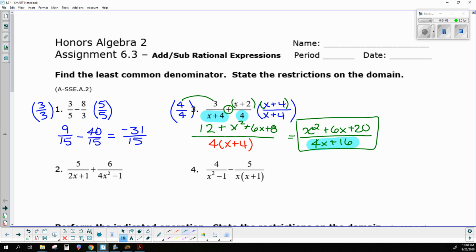Here, for x plus 4, x is not allowed to be negative 4. The other term has just a 4. That does not have any restrictions because there's no variable that can create an undefined situation. And we know that this new one is just a combination of the first two, so it has already been taken care of by the restriction that we have. So our answer is the combined expression, and this becomes the restriction.